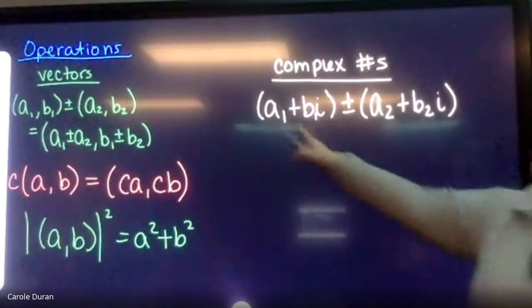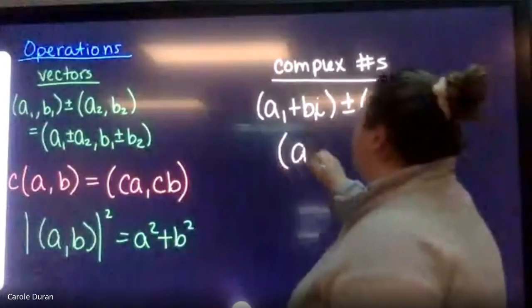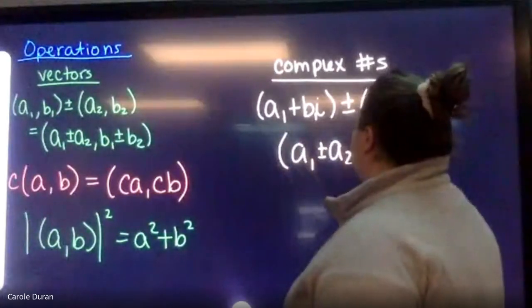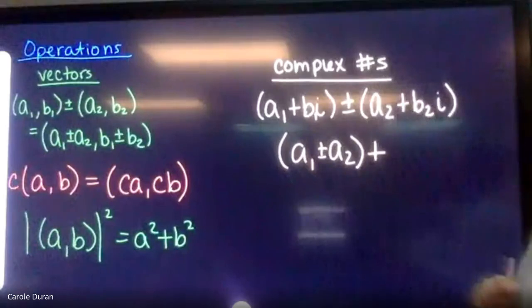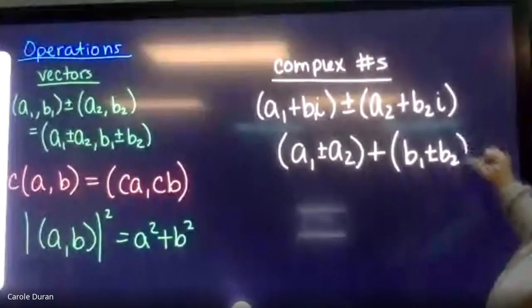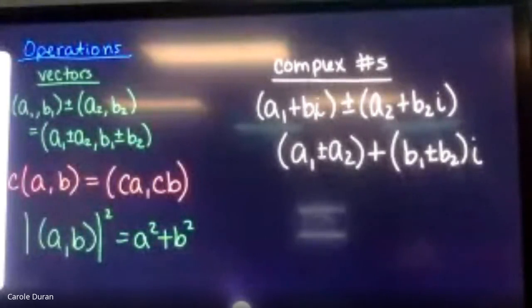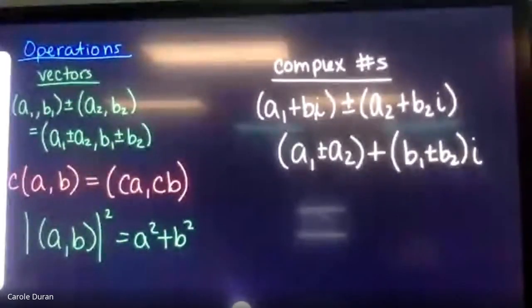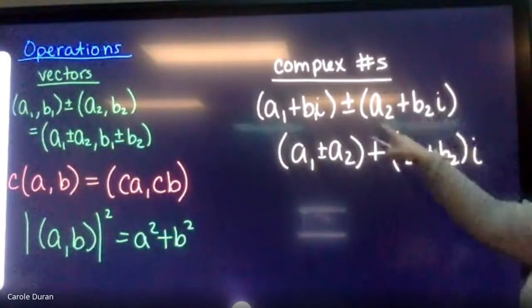So I add my two real parts together, plus my two imaginary parts together. Of course, we're going to do actual numerical examples of these, but these are just the general rules that they follow. Why does the i move to the outside? Because we always have the i at the end. Is it b1 i or b1? It's b1 i.